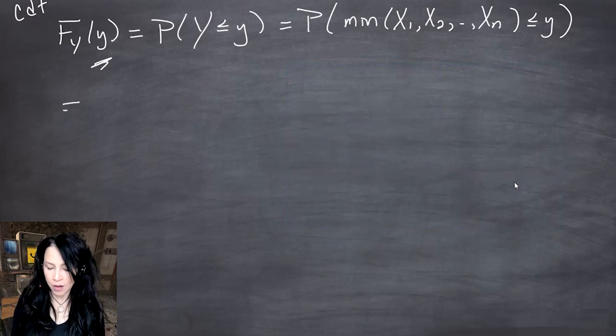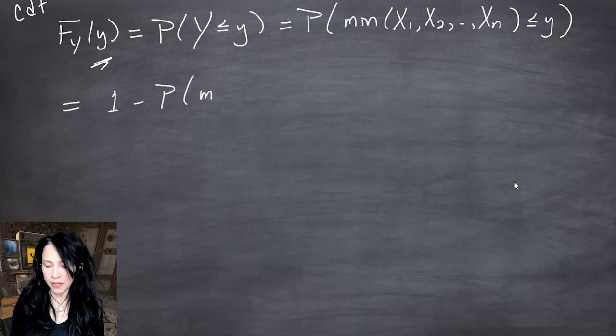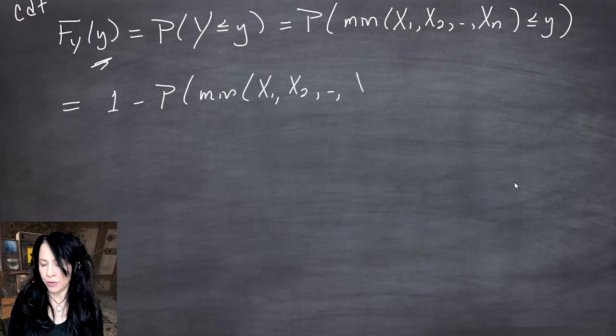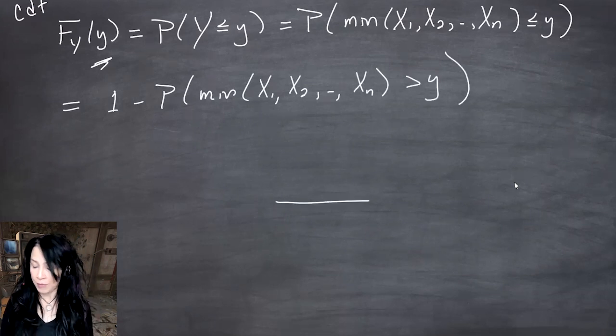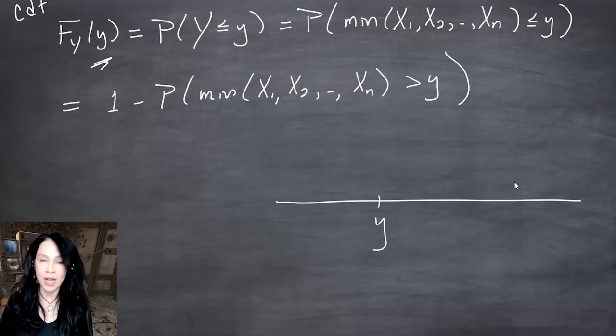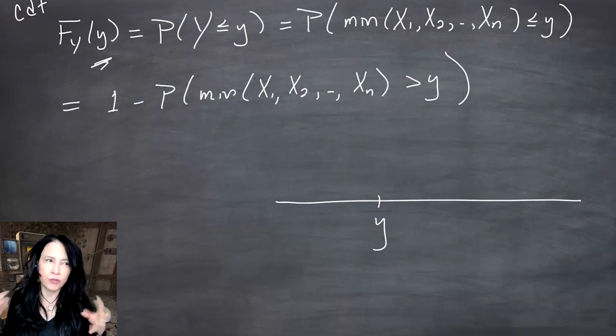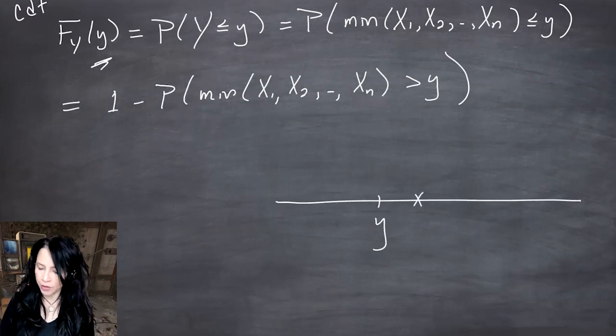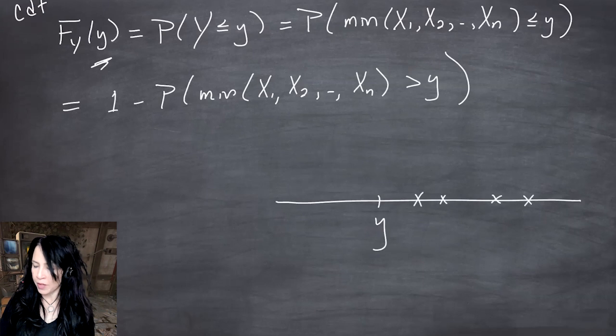So I'm going to look at the complement of this event. I'm going to take 1 minus the probability that the minimum of x1, x2, out through xn is greater than y. Because if I do the same sort of thing, number line, stick the y down there, there are a lot of positions, but overall there's one way for the minimum of your data to be greater than y.